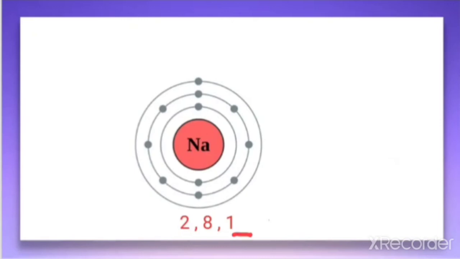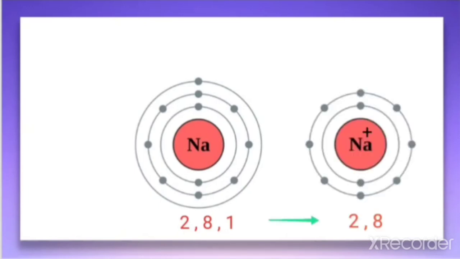So in order to get stable, it loses one electron and forms sodium ion. Now you can see here 2 8. Where is the one electron? This electron is lost. So now its configuration becomes 2 8. Now the outermost shell has 8. It is stable.